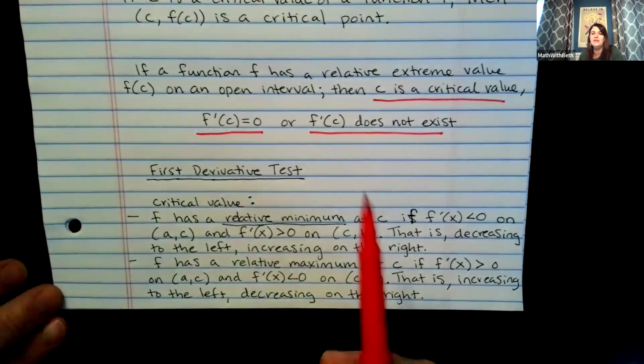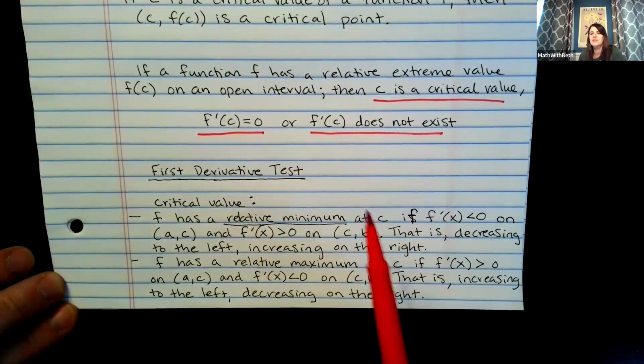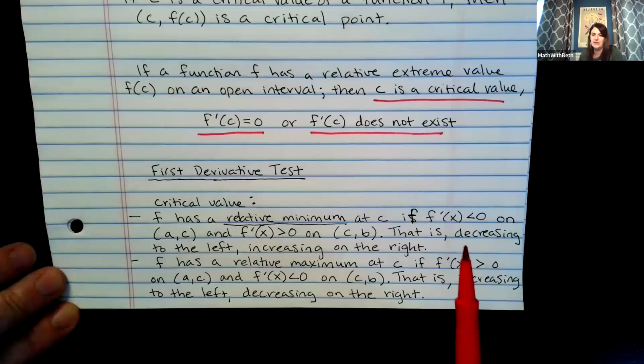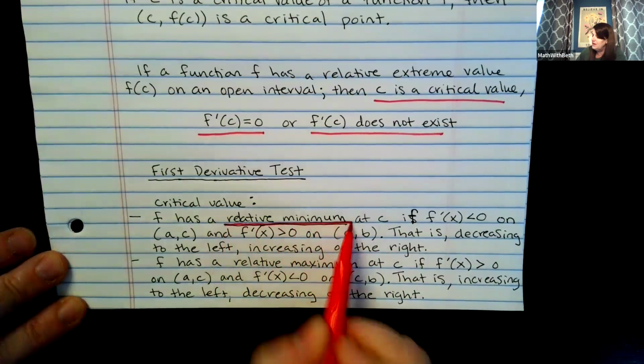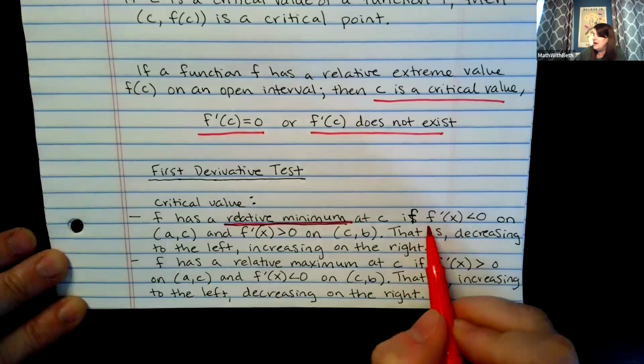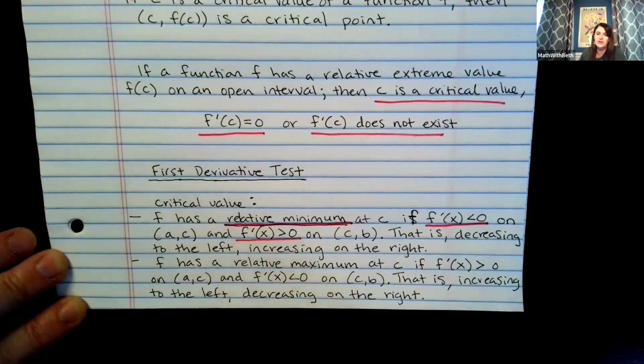So the first derivative test tells you to find these critical values and then test each section to see if it's positive or negative, because you are always going to have a relative min if it is negative to the left and positive to the right. In other words, if the graph is decreasing on one side and then increasing, that point must be a relative minimum.